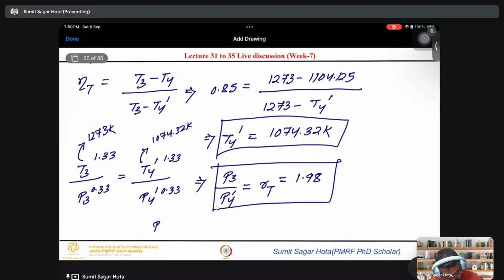So P2 is equal to P3. And what is P2? It is P1 into R.